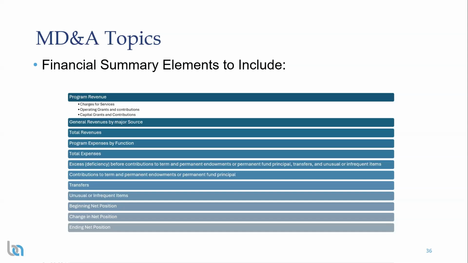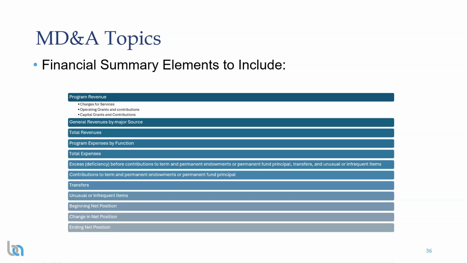Then you have contributions to term, permanent endowment, and permanent fund capital. It's a new category in the proprietary fund called non-capital subsidies. And it will include contributions to endowment and so on. Then transfers, then unusual and infrequent items. So unusual and infrequent items are replacing special items and extraordinary items.